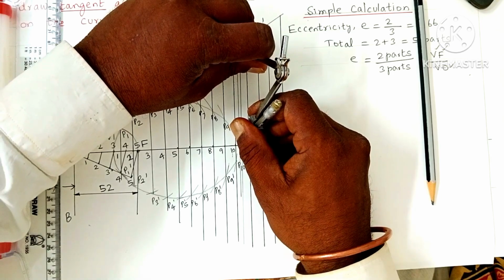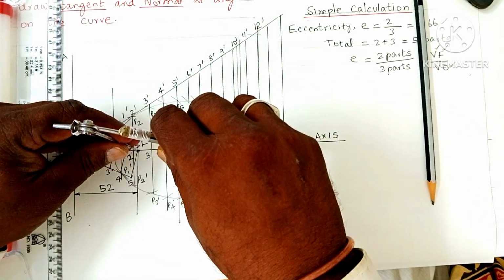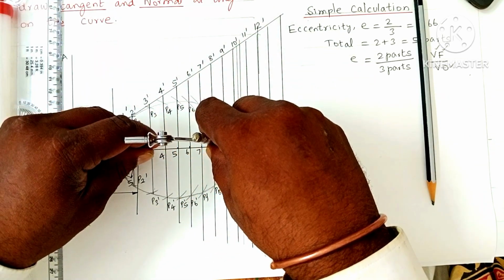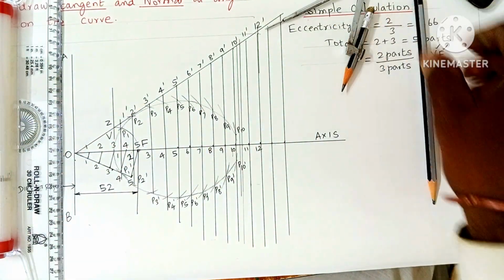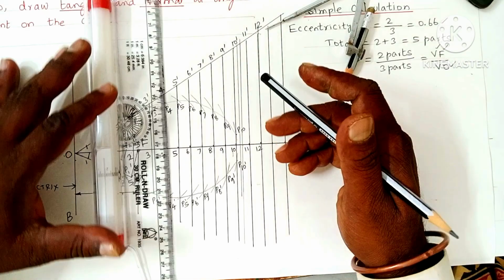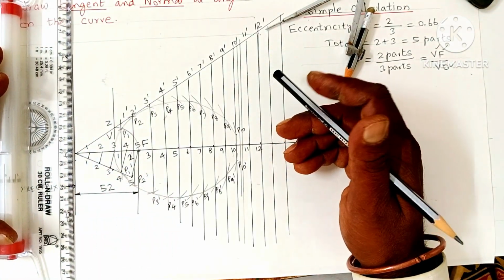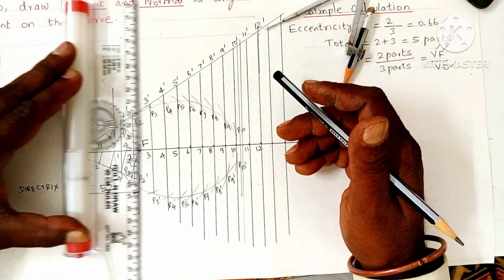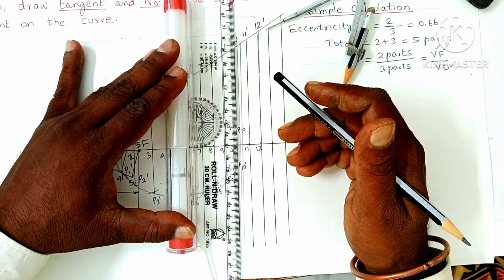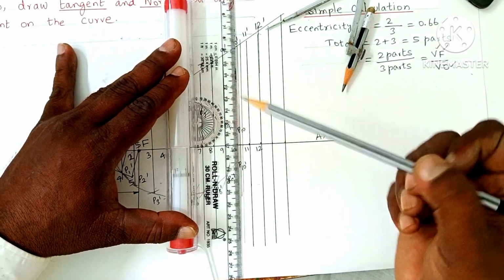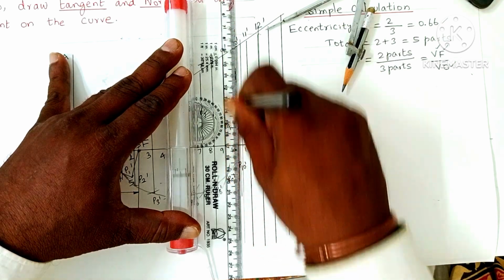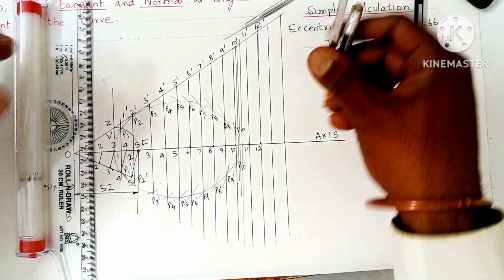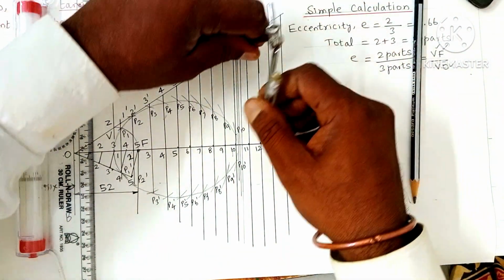Keeping F as center, cut an arc on that vertical line. It is also not coming, so again you reduce the distance. After the 10th point, you roll your scale like this. After the 10th vertical line, you minimize the gap. I have drawn one vertical line here. Okay, take that vertical distance in your compass.